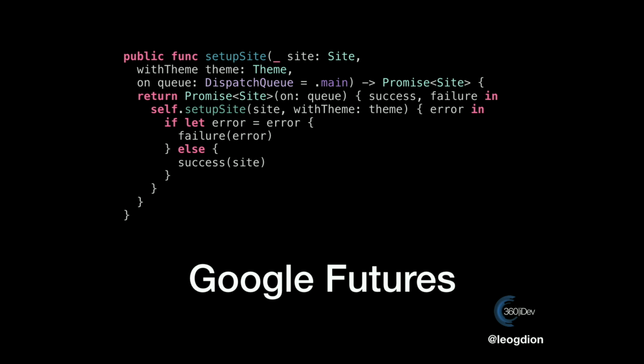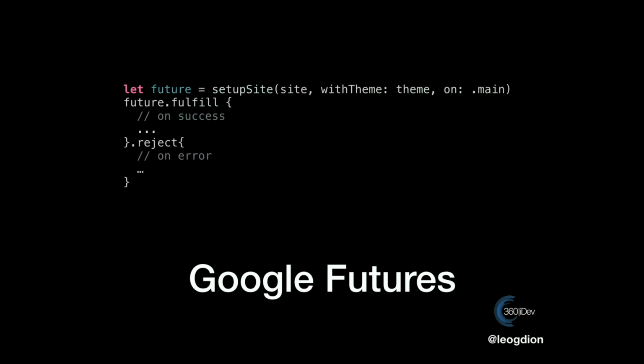And then we instantiate the promise generic of site, and it gives us two callbacks, success and failure, and depending on the result of our setup site, we either call the failure method or we call the success method. That's it. Pretty easy to do. And then when we want to actually execute it, we have here a future that's a result, and then we either call fulfill or reject to catch whatever the error is or if the operation succeeded.